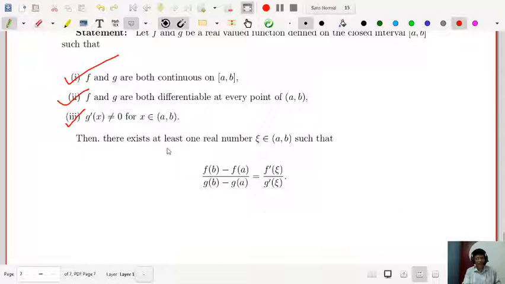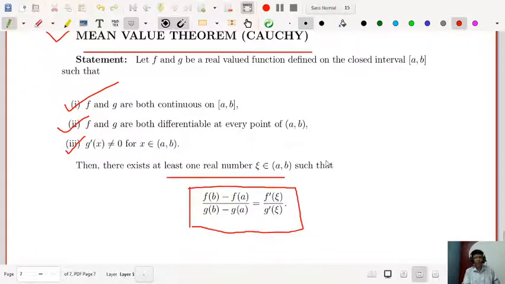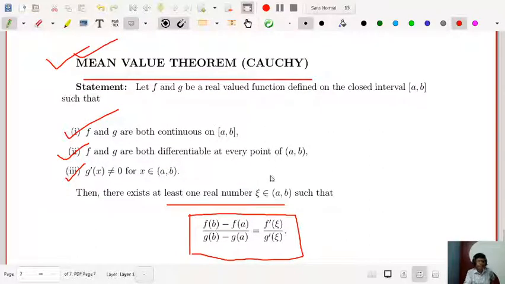Then there exists at least one real number xi in (a,b) such that (f(b) minus f(a)) by (g(b) minus g(a)) equals f dash xi by g dash xi. You can derive Lagrange's mean value theorem from Cauchy's by assuming g(x) is equal to x. I only gave you the statement because it may not be included in your syllabus, but it is an important concept of the mean value theorem.